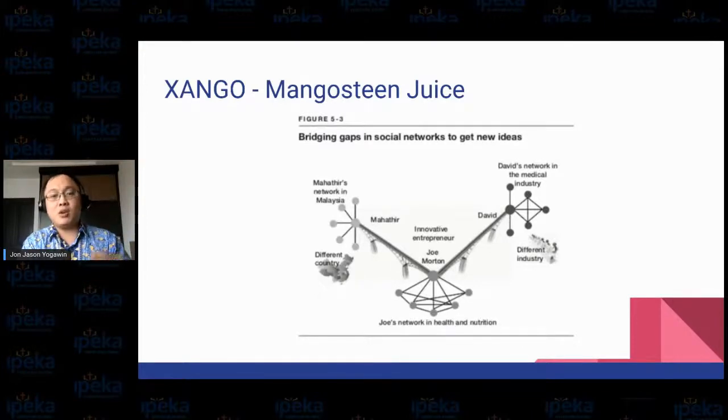Because they know each other, he was able to create this new product that had all these benefits, and they marketed it, and it became a huge thing, a $1 billion company known as Zango, the Mangosteen Juice.